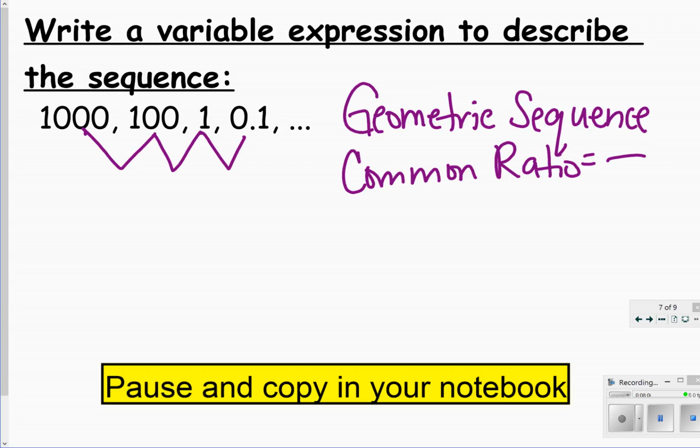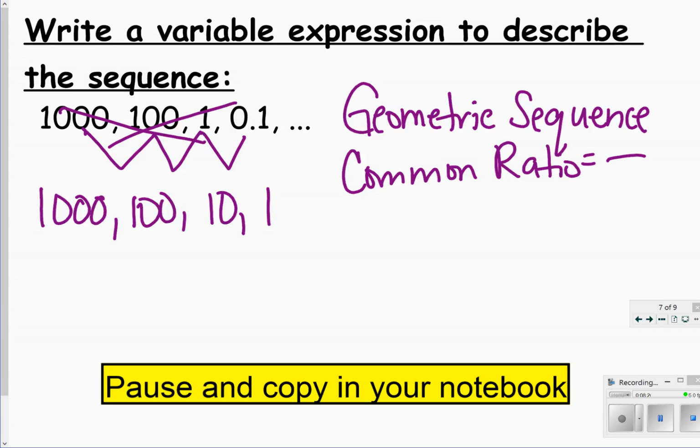How did that happen? Well, we divided it by, oh, there's a mistake. Actually, there's a mistake in this pattern. I was going to say, all right, the pattern should be 1,000, 100, 10, 1, 0.1. That would be interesting if anyone can figure out why there was a mistake and let me know.